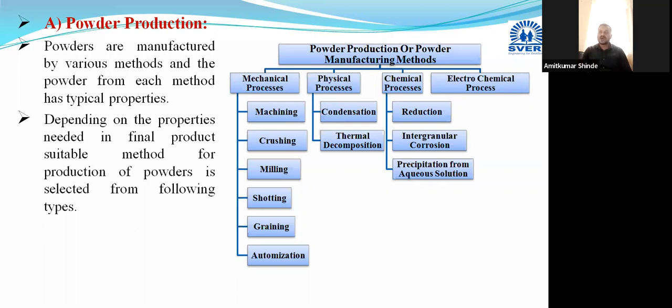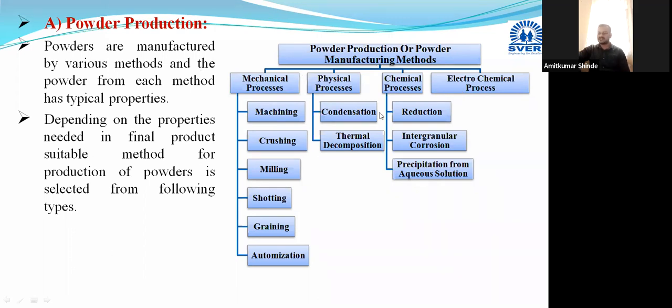Now how to choose the suitable method? Depending on the properties needed in the final product, depending on our need or desired properties, we have to select the suitable method from the available methods. Generally we have four methods of powder production in powder metallurgy.